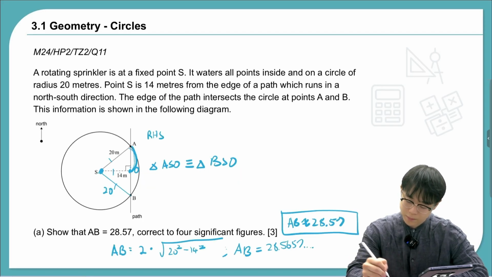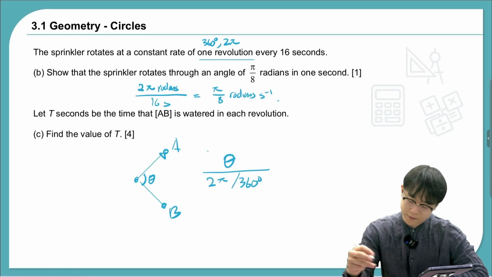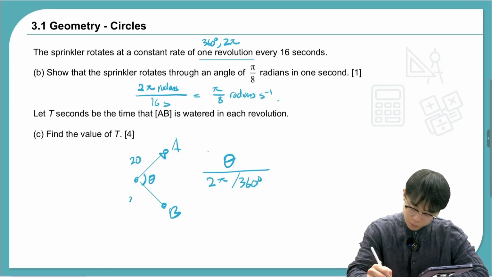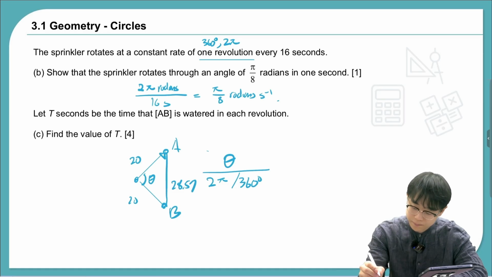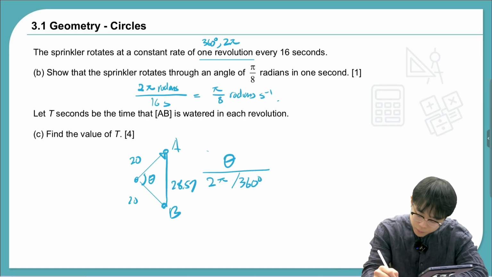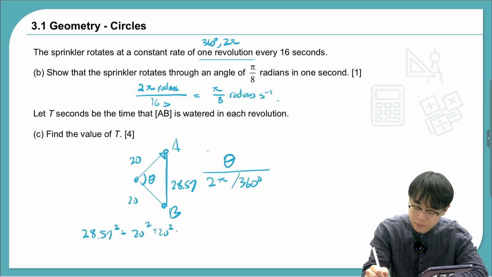So based on this diagram here, we just have 20 and 20 and 28.57. So we have 20, 20, 28.57. So we can use cosine rule to find out what theta is going to be. So we could say 28.57 squared is equal to 20 squared plus 20 squared minus 2 times 20 times 20 times cosine theta.